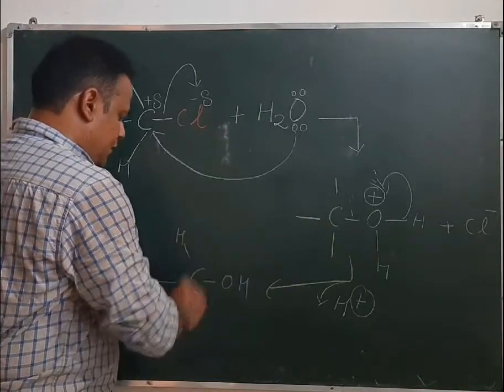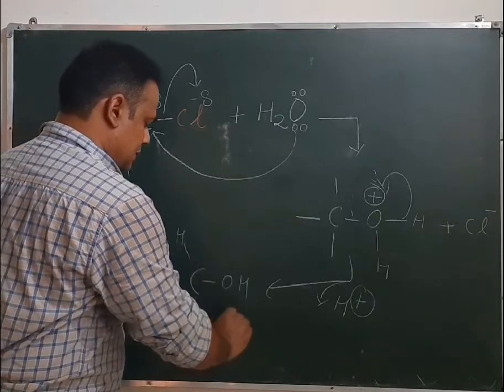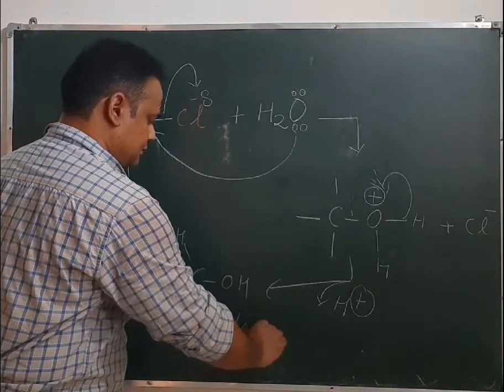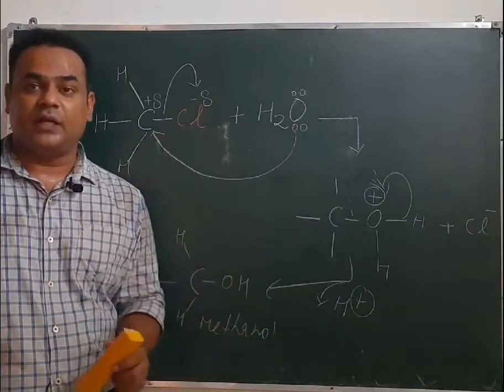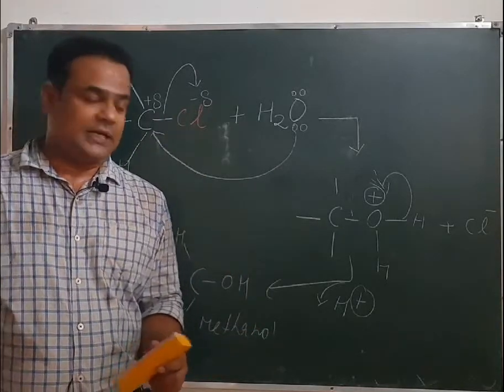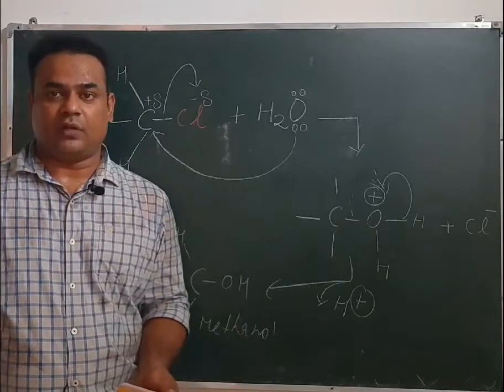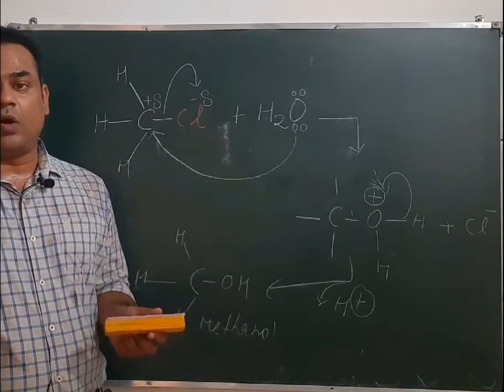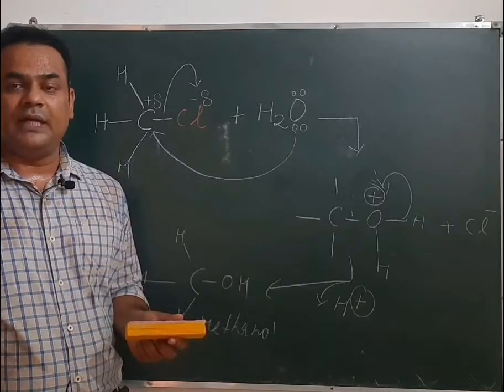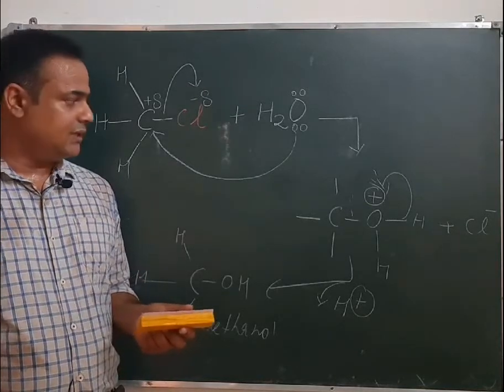So the final product is methanol. When alkyl halide, especially here chloromethane, is treated with water, it results in formation of methanol, and it will follow the SN2 pathway, meaning bond breaking and bond formation both take place simultaneously.